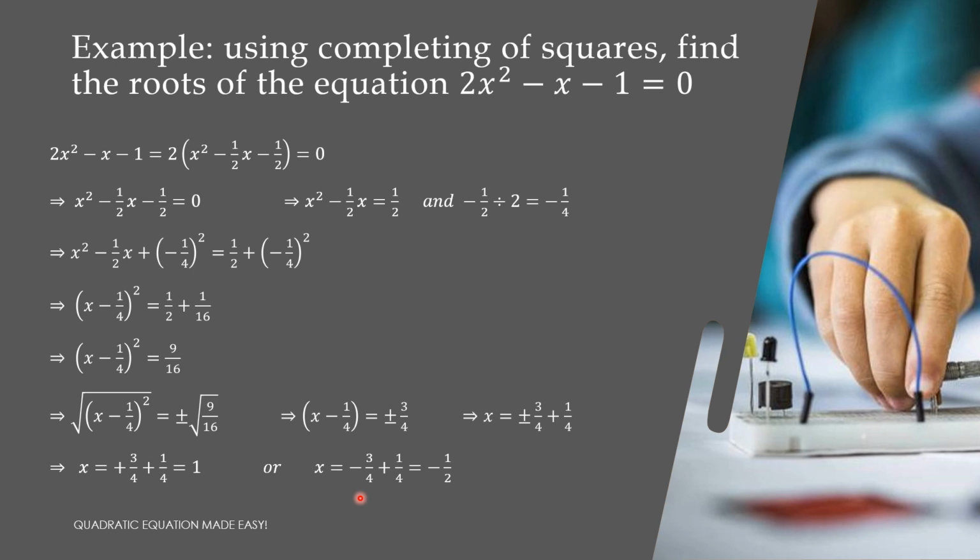And another answer will be minus 3 on 4 plus 1 over 4, which the result also confirms to be negative 1 over 2, the same as when we used the factorization method. So this is the process of using the completing the square method to find the roots.